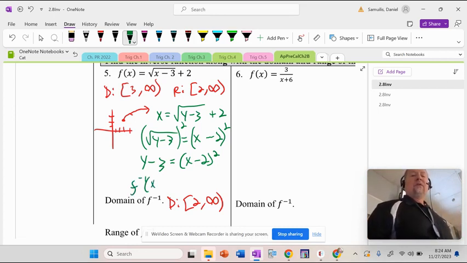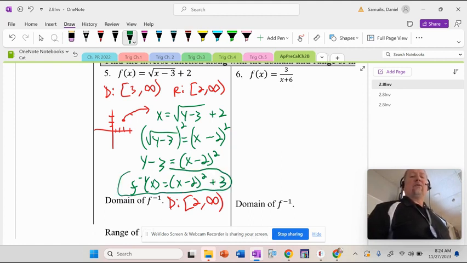And then I'm going to leave it like this because this is nice format. This is the vertex form of a parabola. So the vertex of this would be 2, 3. They have symmetric points there.